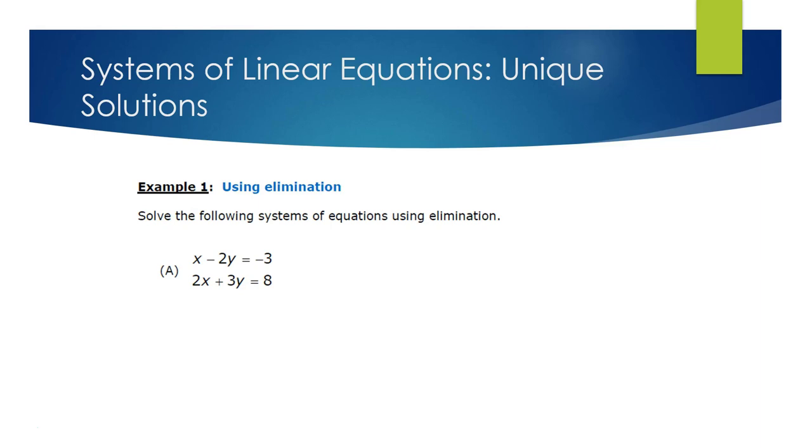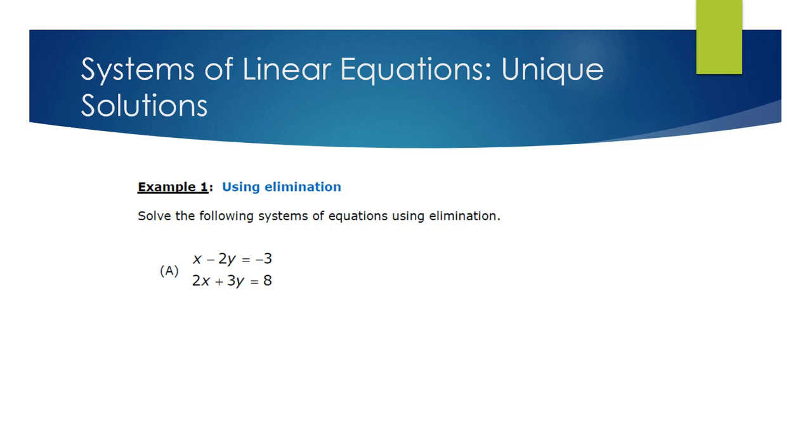In this case, I'm going to eliminate x because I can easily multiply the top equation by a constant to get any constant times x I want, because currently there's a 1 there. Now, what I choose to multiply the top equation by depends upon what I'm going to do with it.